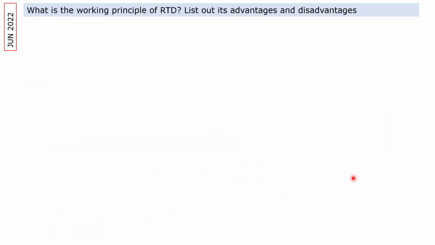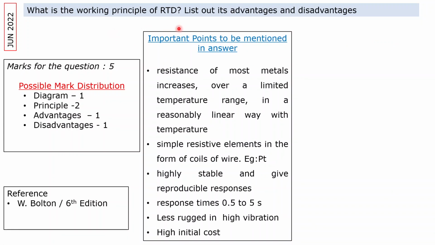Okay. Now explain the principle of working of RTD. List out the advantages and disadvantages. The question is for 5 marks. RTD means there will be changes in the resistance in a limited temperature range, and the example is platinum. The advantage is that it is highly stable and gives reproducible responses. The response time is 0.5 to 5 seconds.